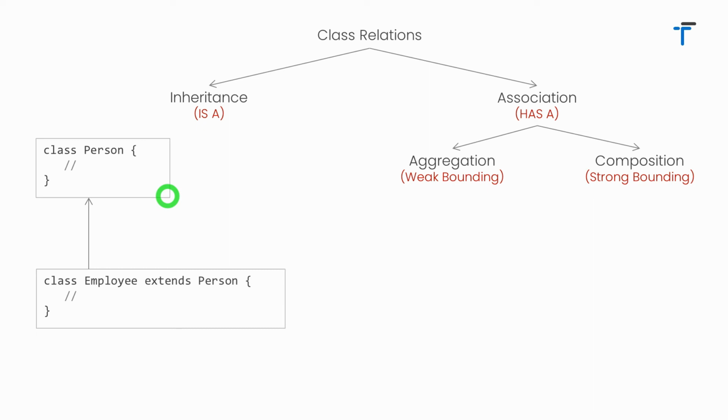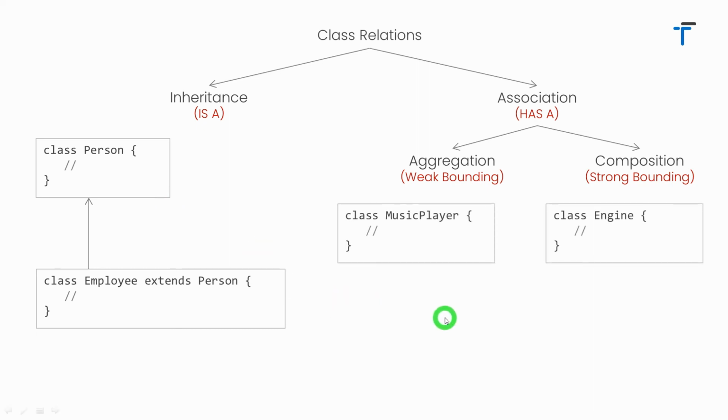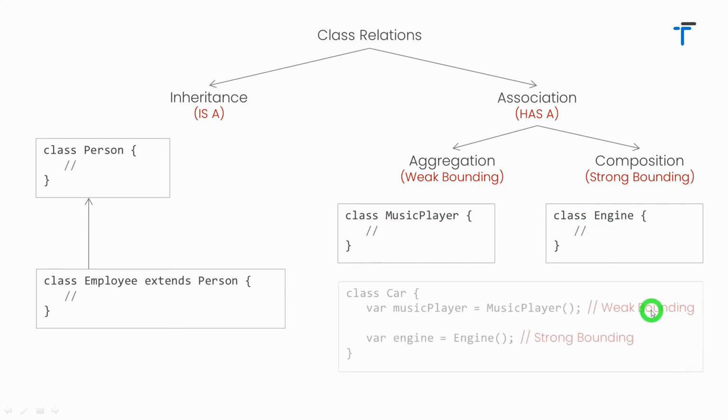Now let's understand aggregation and composition with an example. Consider here we have two individual classes, MusicPlayer and a class called Engine. Then we have another class called Car. You can observe here inside the Car class we have two objects. We have the object of MusicPlayer, and I've created the object of Engine here.